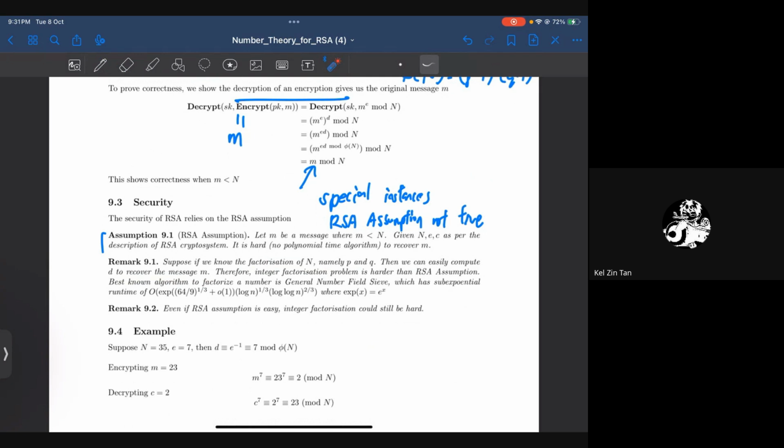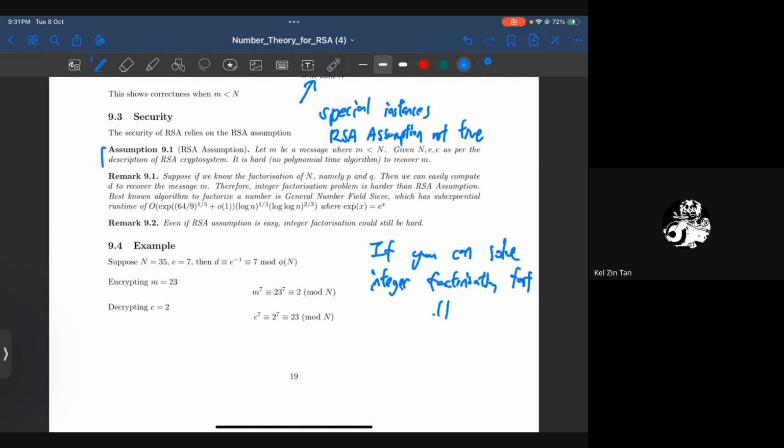So we have a conclusion that the integer factorization problem is harder than the RSA assumption. This means that if you can solve integer factorization fast, then this implies that you can break RSA.